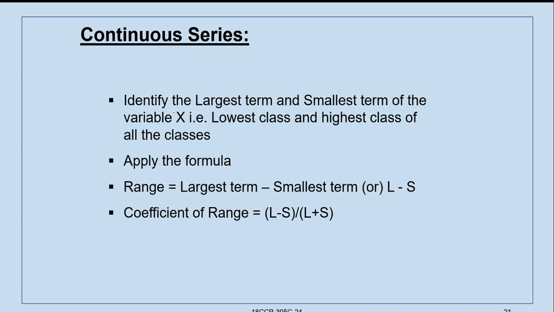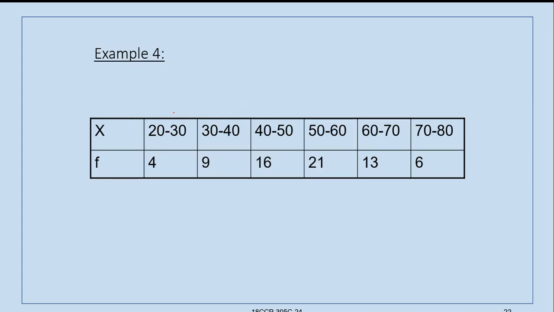In the continuous series, the same formula is used, that is range is equal to L minus S. Coefficient of range is L minus S by L plus S. Here, as I said, we will not see any frequencies. We will see only the X variable. First, you identify the lowest value and highest value and apply these formulas.